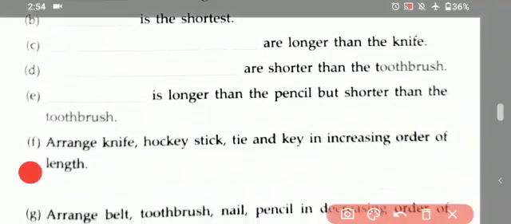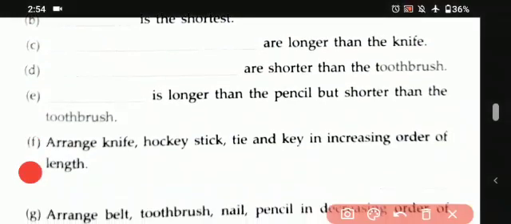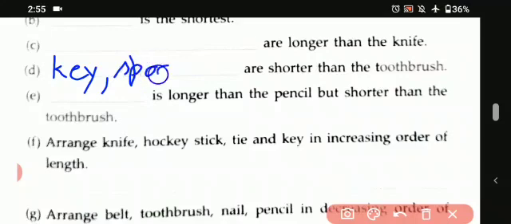So we will be writing here like this: key, spoon, then pencil, and the last one is nail. Okay students, so this is how we have to write it down.